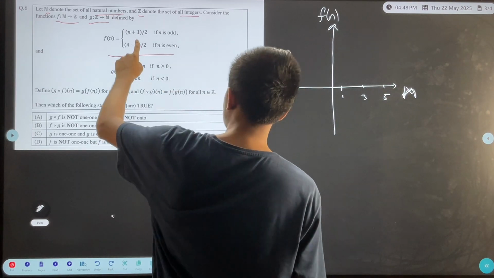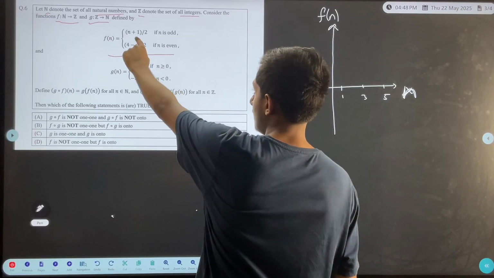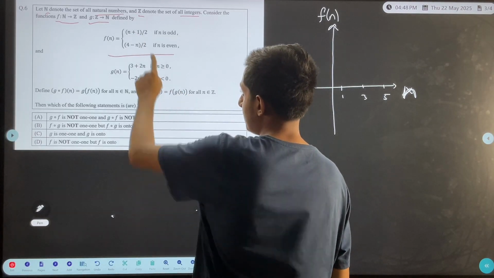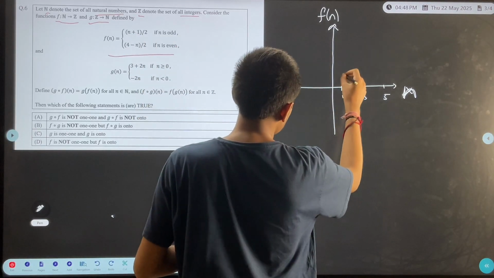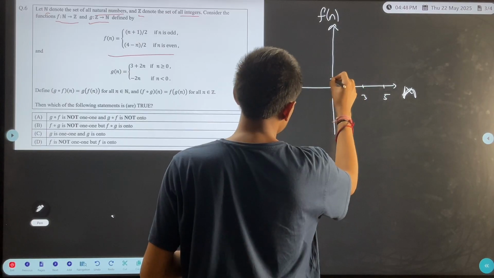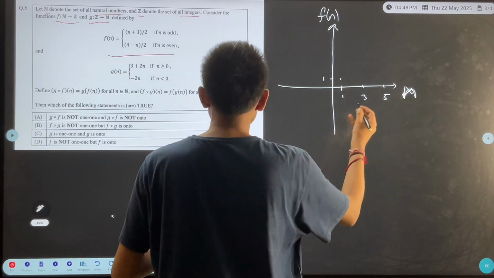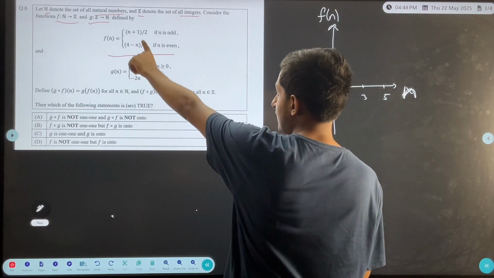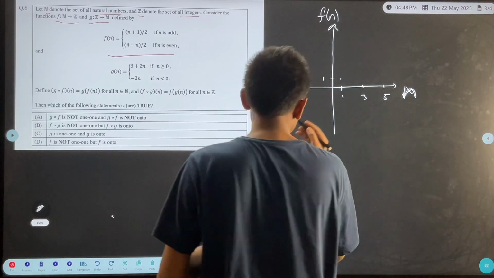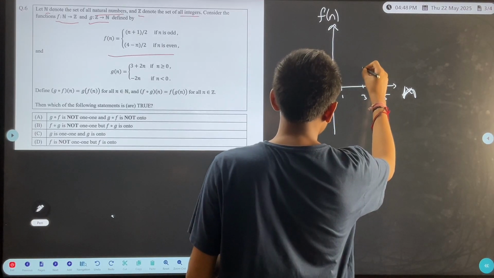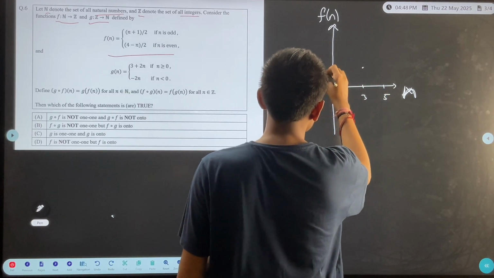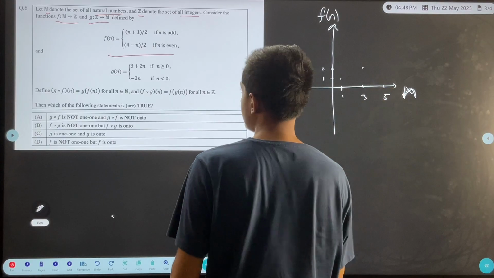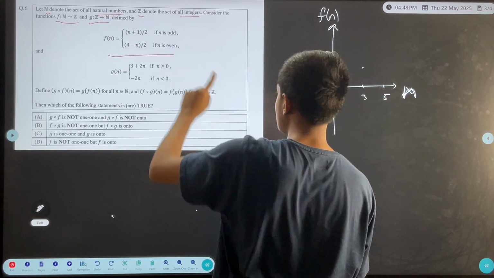If I substitute n equal to 1, then I will get (1 plus 1) by 2 which is just 1. So let's say somewhere here 1. Next, if I substitute 3, (3 plus 1) by 2 which is 2. So next I'll get 2 somewhere here. Next, for n equal to 5, (5 plus 1) by 2 which is 3.